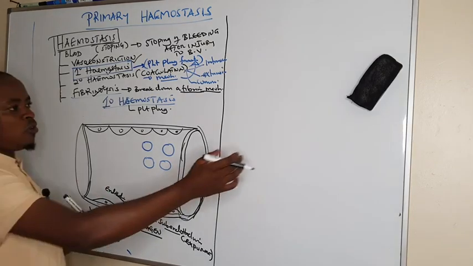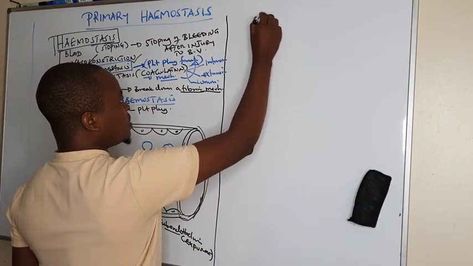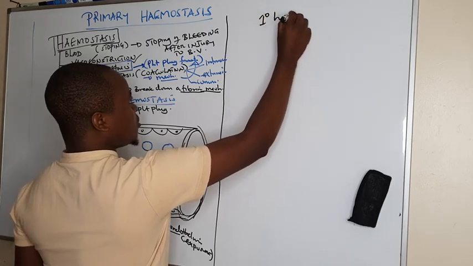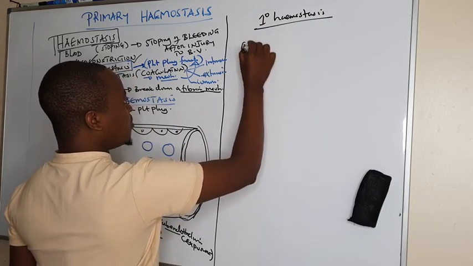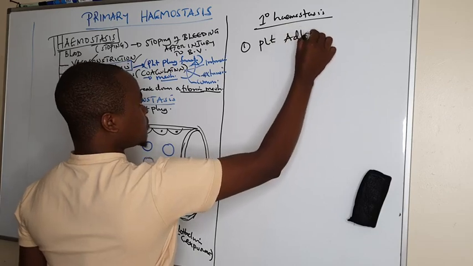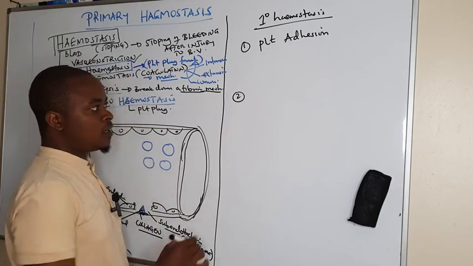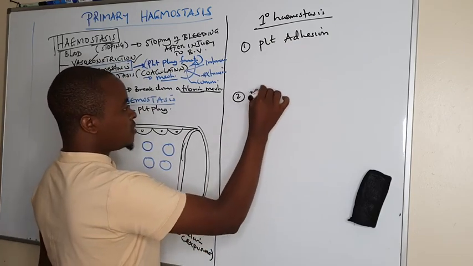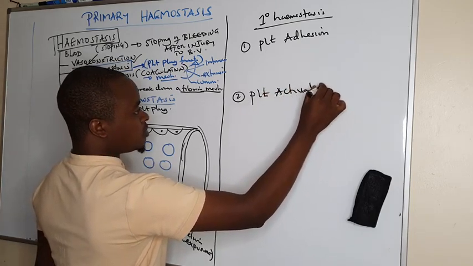And we are going to discuss primary hemostasis under the following headings. Step number 1 is platelet adhesion. Then the second one, we shall look at platelet activation and release.